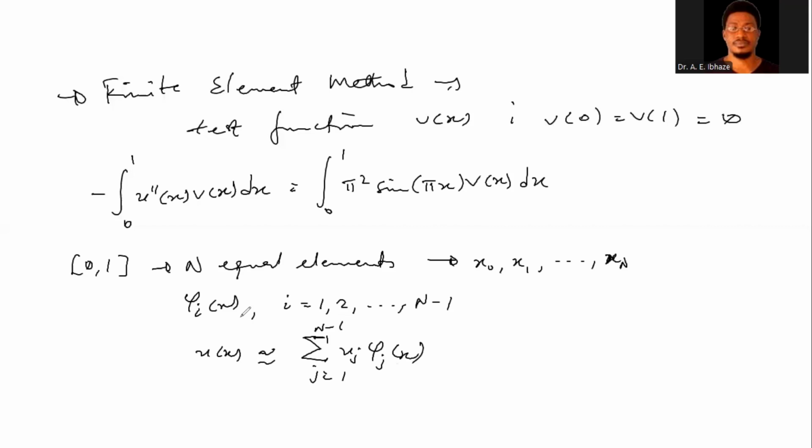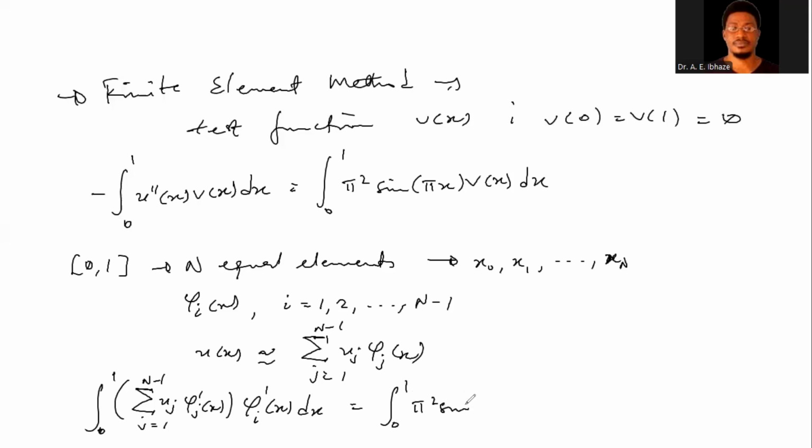And we already know from the Galerkin equation, for each test function, we now have that the integral from 0 to 1 will give us sigma, for which j is equal to 1 to n minus 1, u sub j phi sub j prime of x phi sub i prime of x dx, equal to integral 0 to 1 pi squared sine pi x phi sub i of x dx.